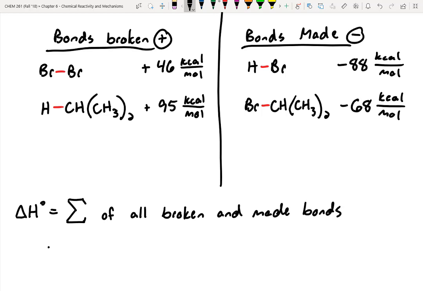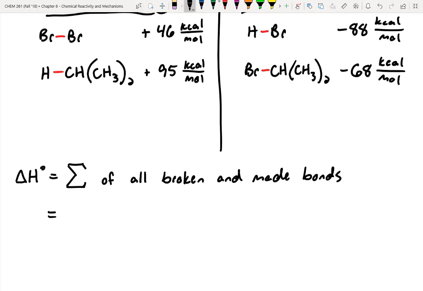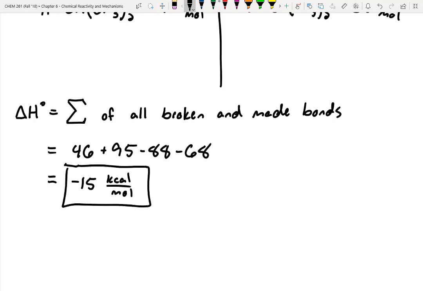Okay, so if we go ahead and do some pretty sophisticated mathematics, we can work through this. We're going to add all of these together. We're going to do 46 plus 95 minus 88 minus 68. And if I go ahead and I plug this all in, I'm getting negative 15 kcals per mole as my final answer for this reaction.